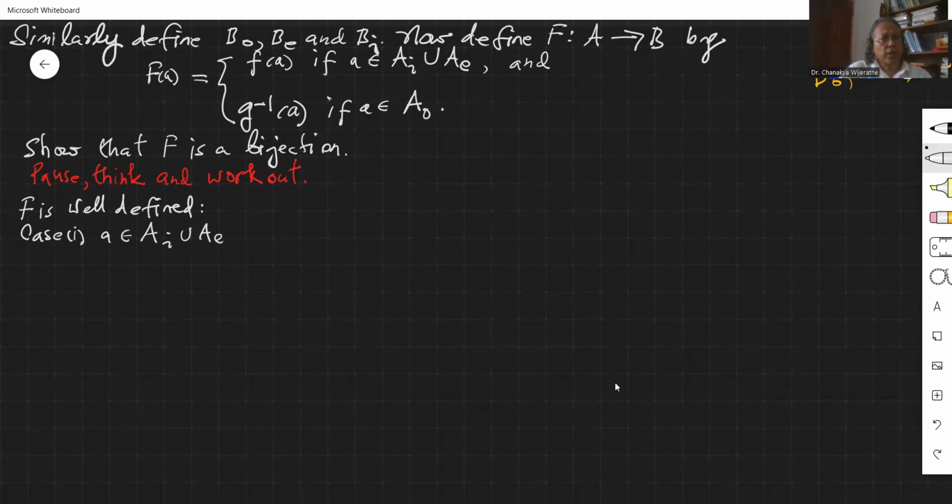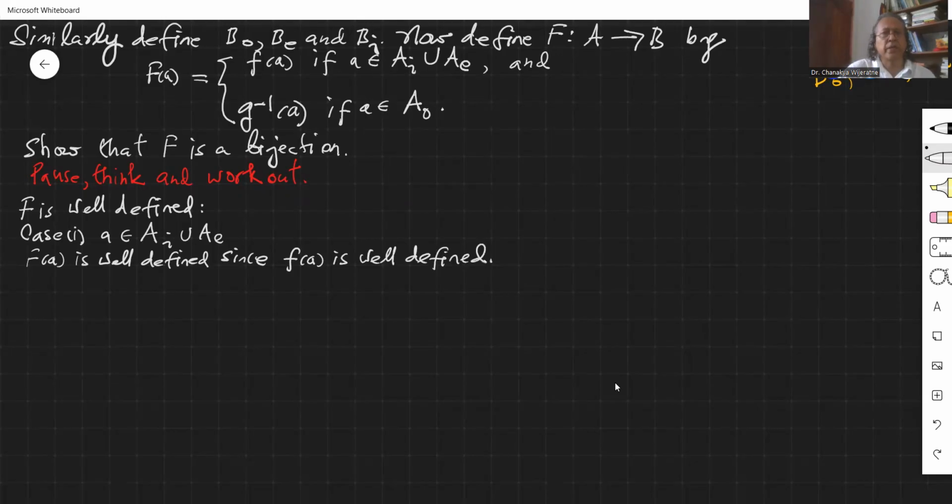In this case, capital F of A is well defined, since simple F of A is well defined.